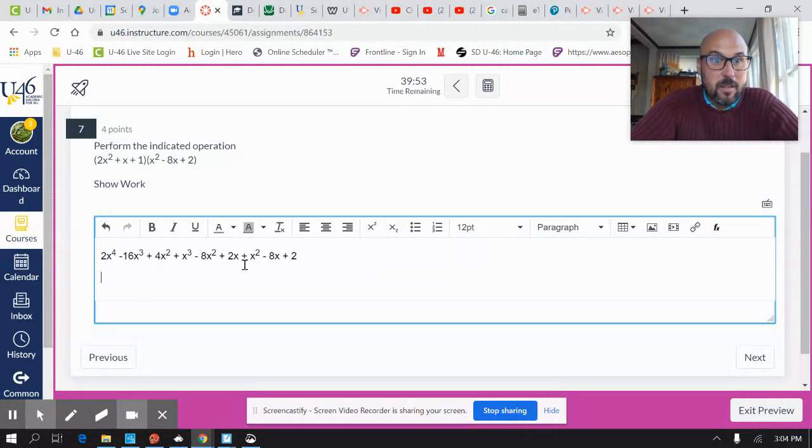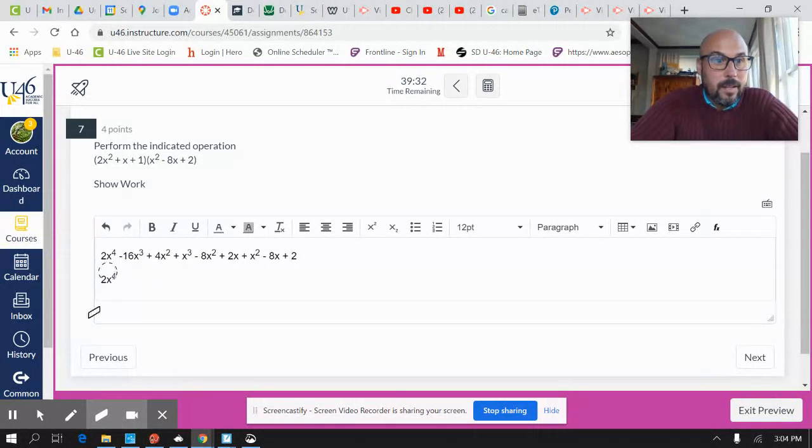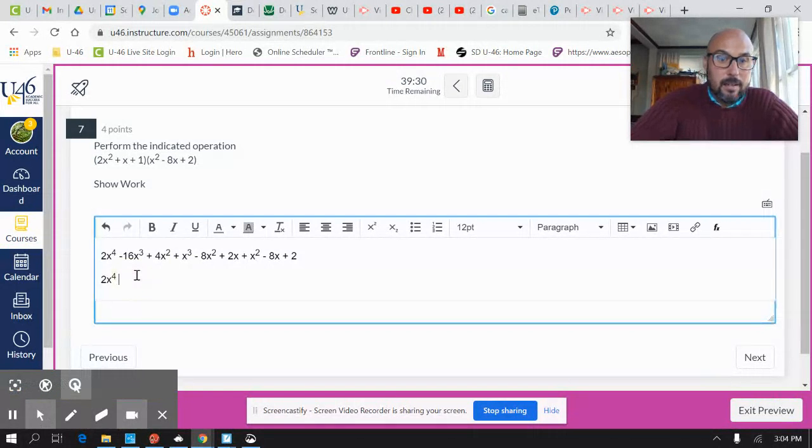But some of these terms are like terms that I can combine. Looking at all 9, I only see one that's x to the 4th. There's only one term that is x to the 4th. What about x to the 3rd? Negative 16x to the 3rd and 1x to the 3rd. Well, how much is all that altogether? Negative 16 and 1 make negative 15x to the 3rd.